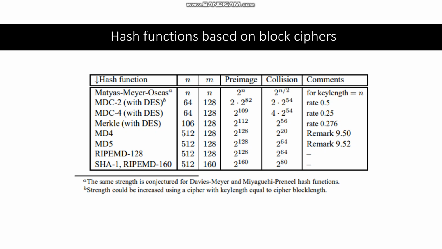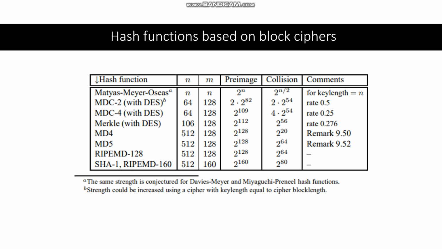This table shows upper bounds on the strength of selected hash functions, where n is the bit size of the message blocks. n-bit message blocks are processed to produce m-bit hash values. The number of cipher or compression function operations currently believed necessary to find pre-images and collisions are specified, assuming no underlying weaknesses for the block ciphers.